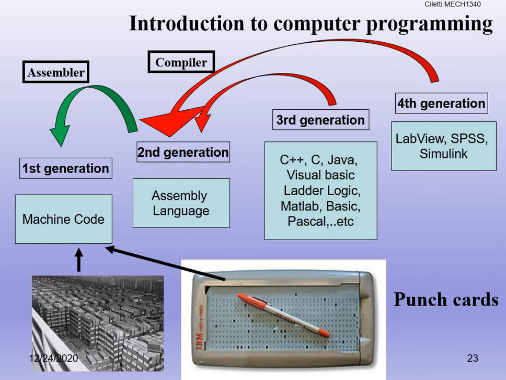And then third generation, where we code C++, Java, VB, ladder logic, MATLAB, all these, basic stamp that we use, microprocessor. We can even throw our Arduino stuff in there, and our Raspberry Pi and Python. All that's more of a third generation type thing. And then fourth generation, you'll use it more in college. LabVIEW.